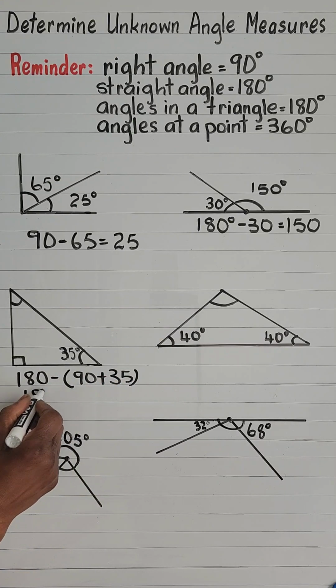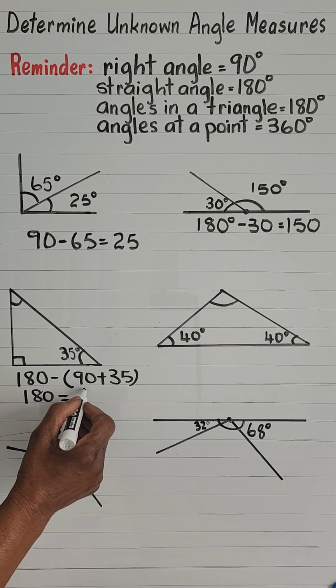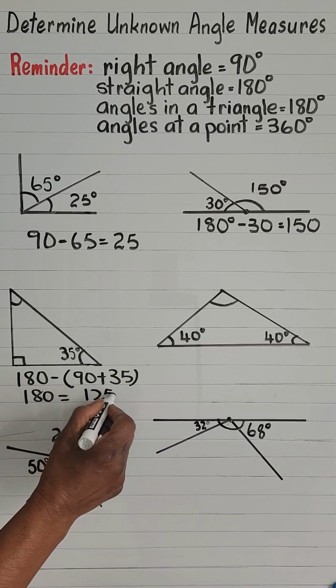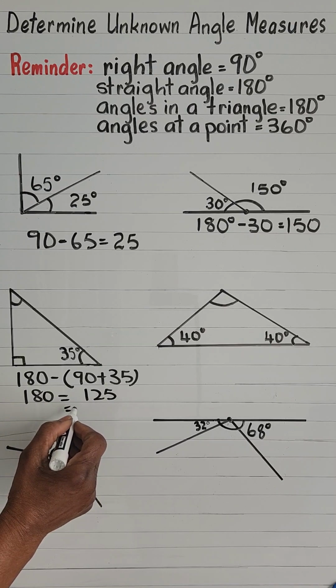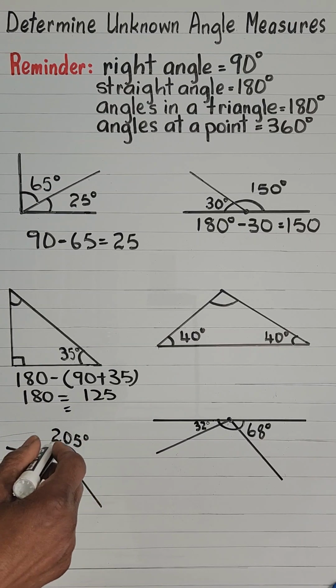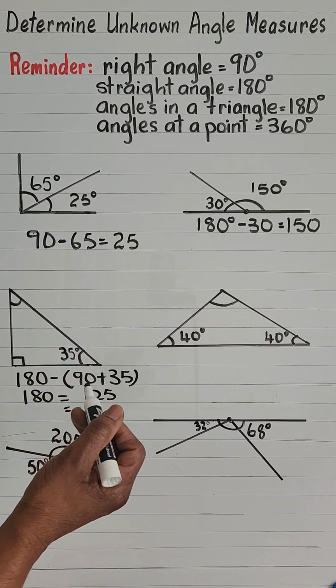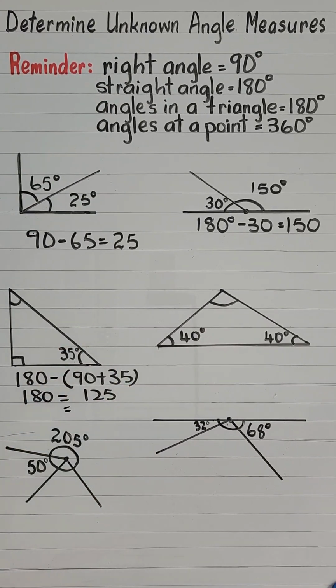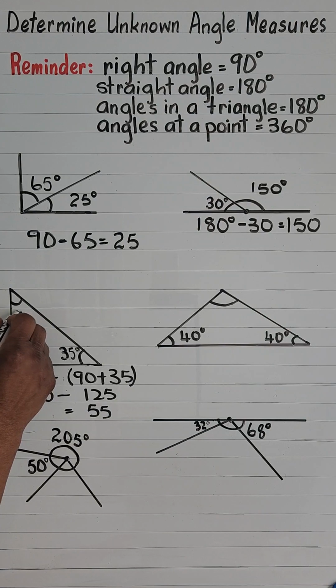That is 180 minus 125, and that is equal to 55 degrees.